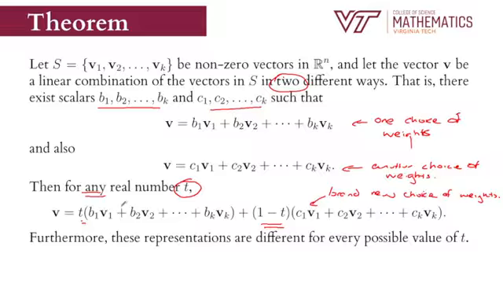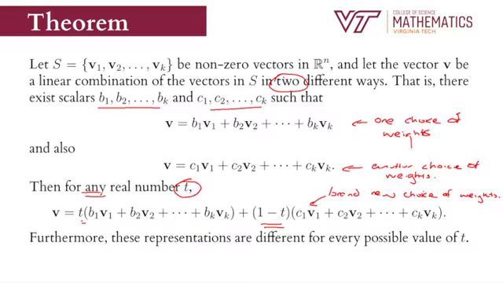And because I can do this for any real number, then we have an infinite number of choices of weights. We found 2 of them, but we can actually expand that to an infinite number, which gives us even more possibilities as engineers.